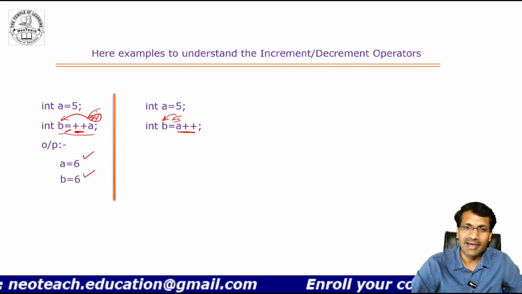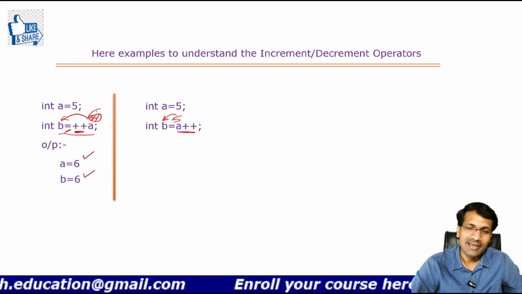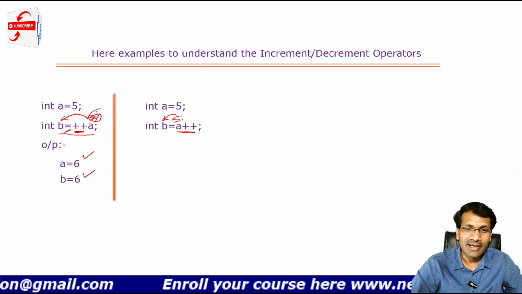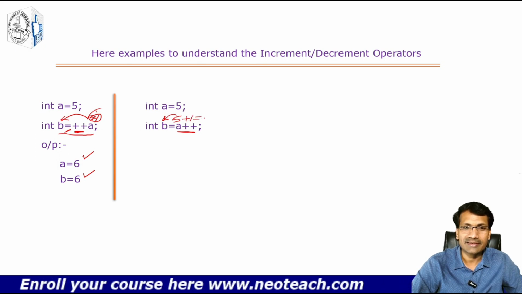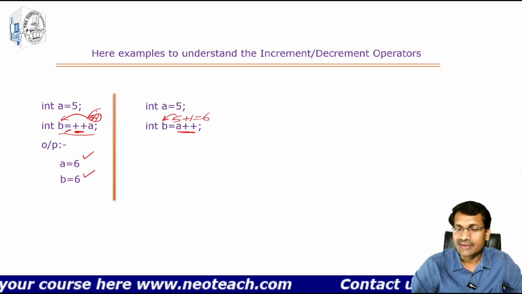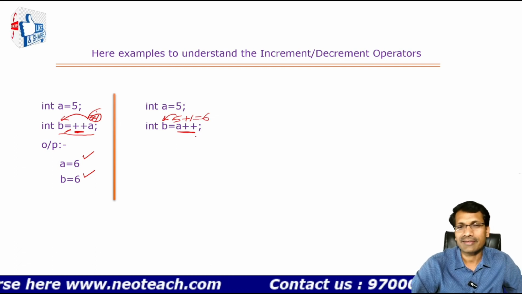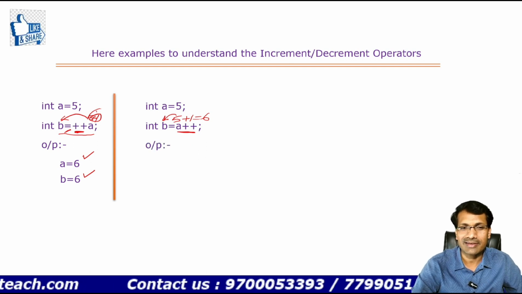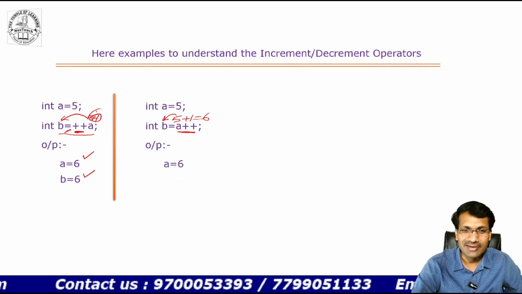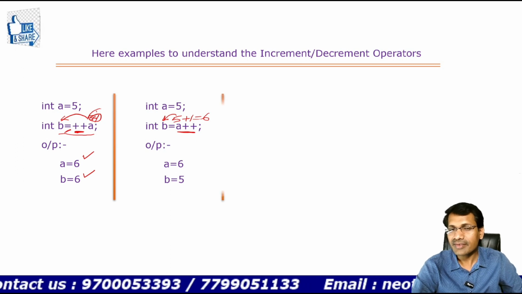So the 5 is assigned into b, so the b value is 5. Then after that a is increased by 1, so it becomes 6. What is the a value right now? 6. What is the b value? Already 5 is there. Before incrementation, the value was assigned to b. So the output is a value 6, but b value is 5.